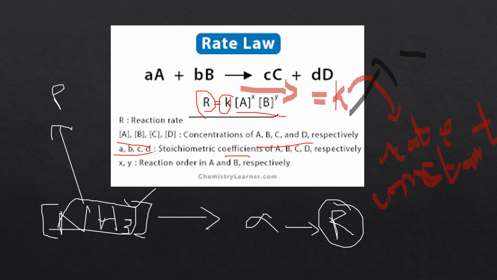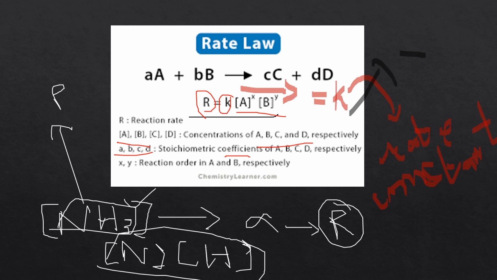If we have to find the concentration of the reactants, we take N and H3. These are the reactants. So basically it is saying that N, H and NH3 have stoichiometric coefficients.